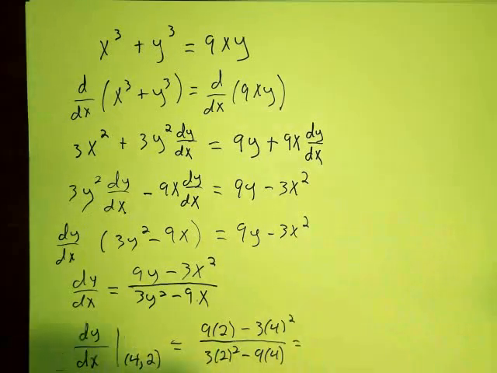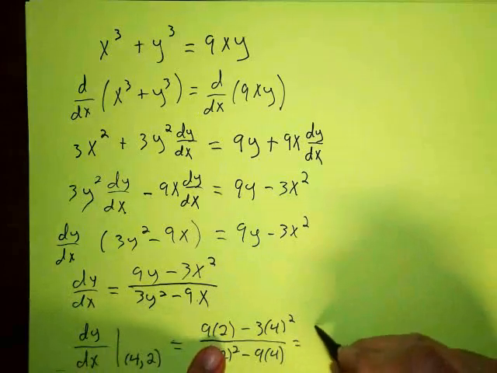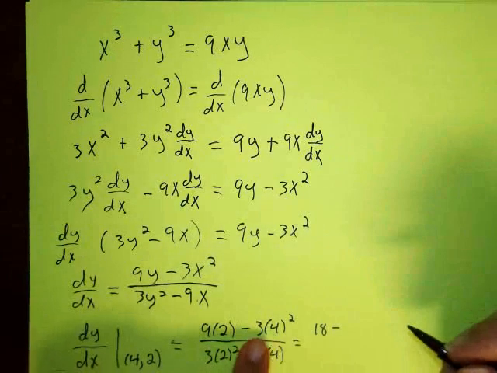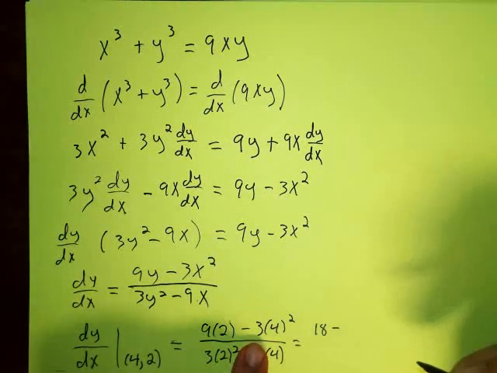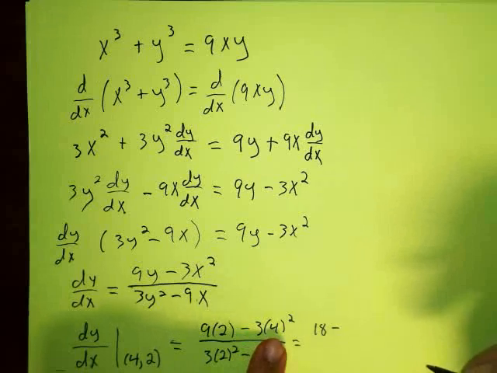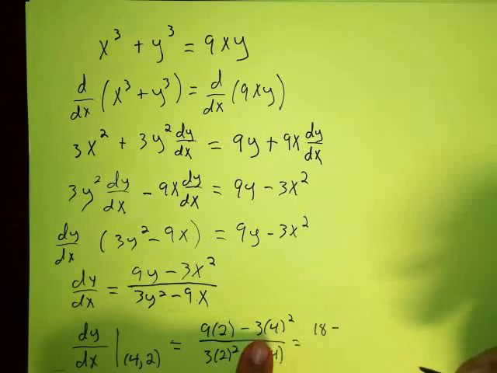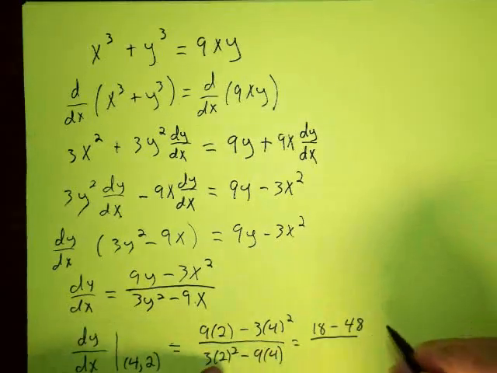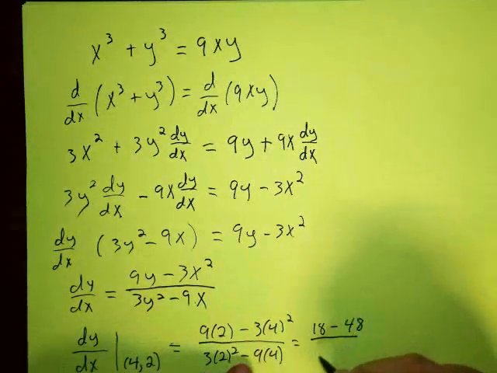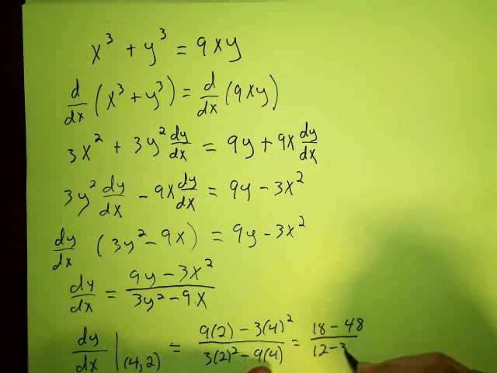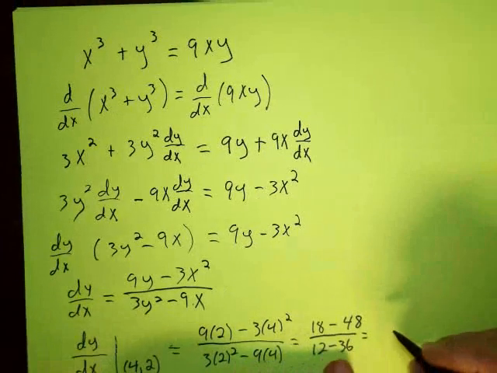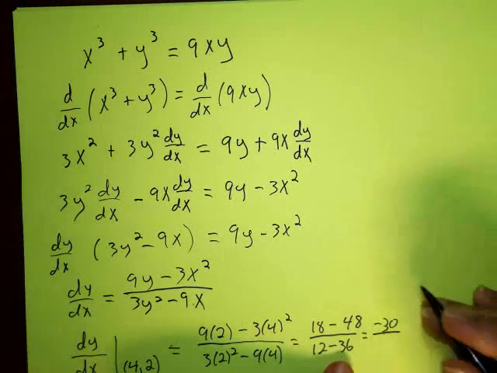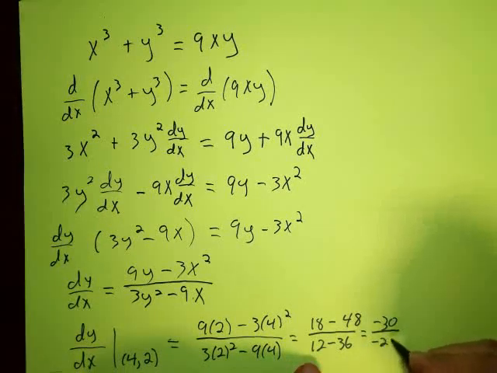So I would get this, and now this is 18 minus, so 4 squared would be 16 times 3, so 16 times 3 would be 48. So 18 minus 48. And then here you get 4 times 3, that's 12, minus 36. Okay, so this would be negative 30, and this would be negative 24.